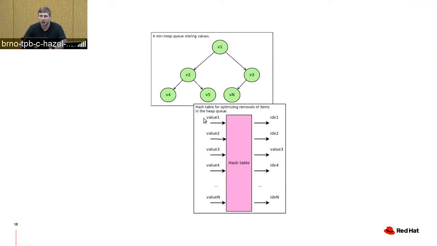So we have this min heap queue that maintains states, and now we also have a hash map that is maintained by the beam's logic, and this hash map basically maps values, meaning our states in the resolution process, to pointers where the given state is represented in the heap queue. So let's say we want to check whether state v3 is present, so we access the hash map.